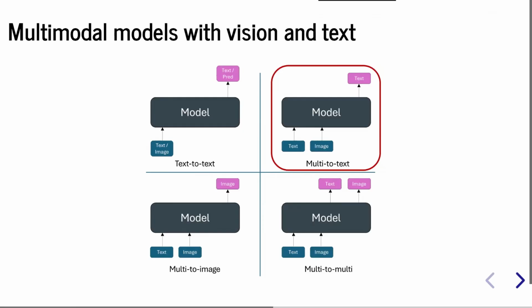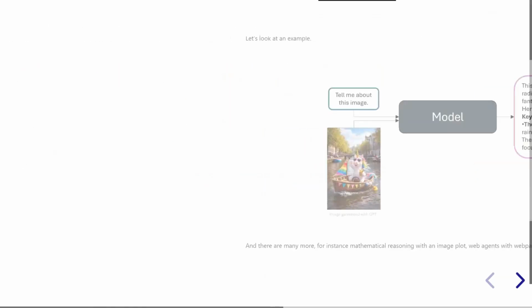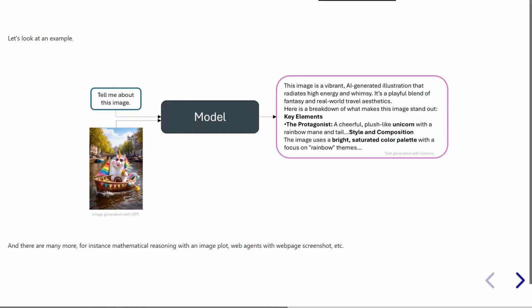Cool. So as I already mentioned before, in this lecture we will only focus on the multi-to-text model. In particular, we will focus on two different variations, the CLIP model and the LLaVA model. So let's first look at an example. We ask our model to tell us something about this image, and we also provide the image as input to the model.